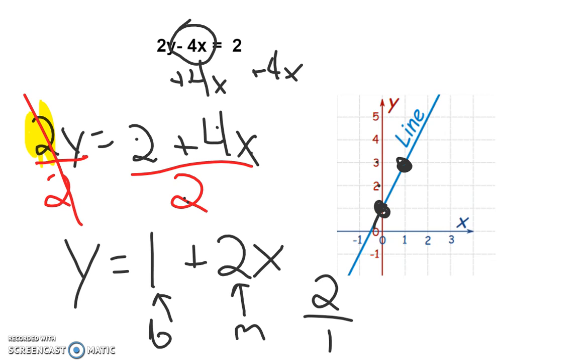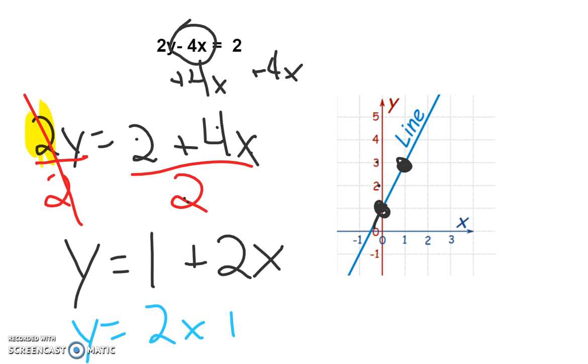And just in case there's any confusion there, we can rewrite this as y equals 2x plus 1. So we have our m coming first. So we have our mx plus b. And you can switch around however you want, but that's the general idea of linear equations and how to graph a line.